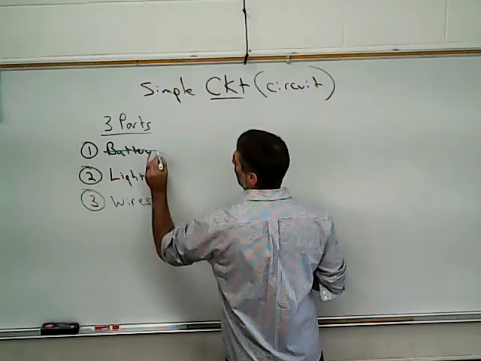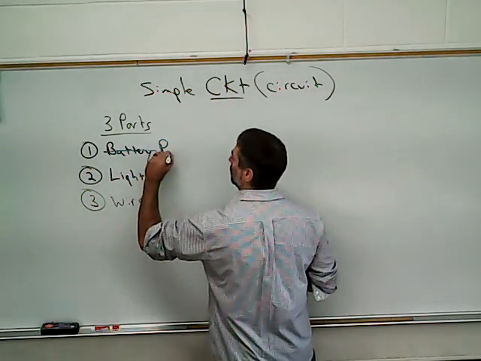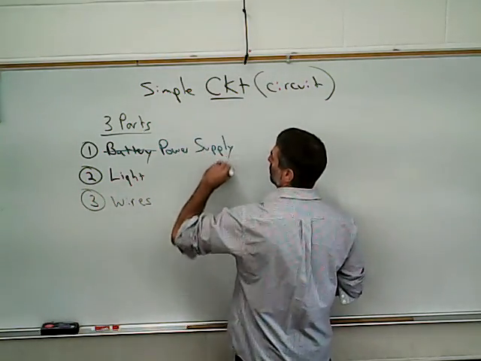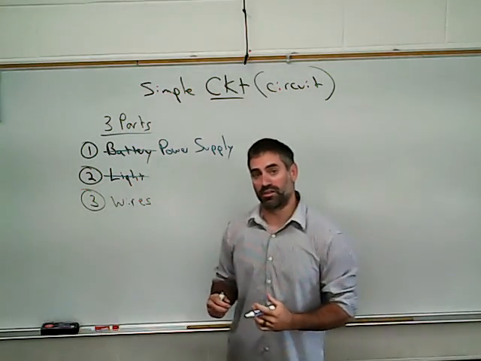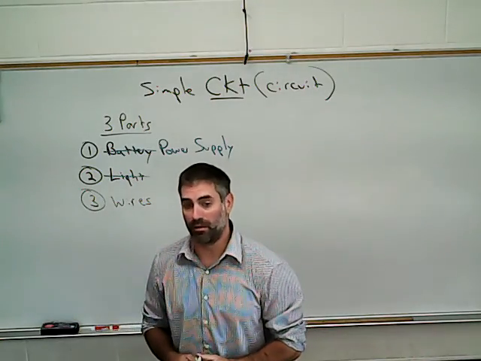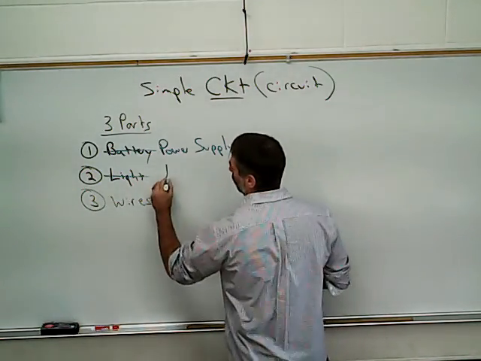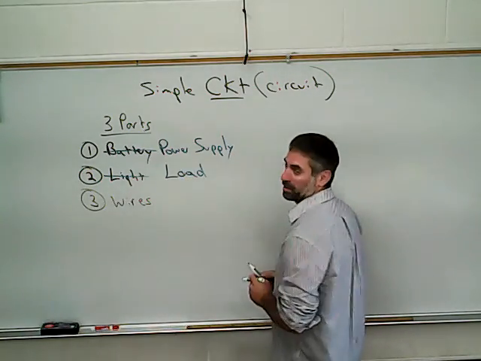So we are not necessarily using a battery every single time, so we're going to call this the power supply. And then instead of a light, we got lots of things that electricity can power and drive. So we have motors, we have heating elements, and we also have light, and they're all going to be considered the load in the circuit.